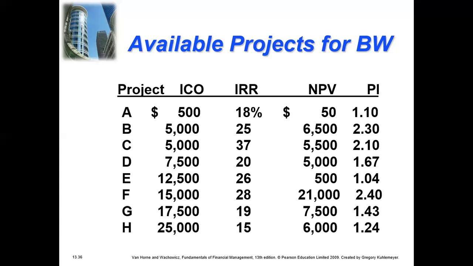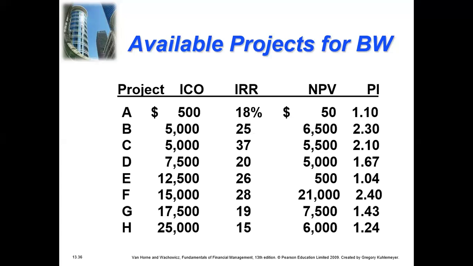Project C 37% return, project F 28% IRR. 5,000 for project C, 15,000 for project F. The total 20,000 is invested.